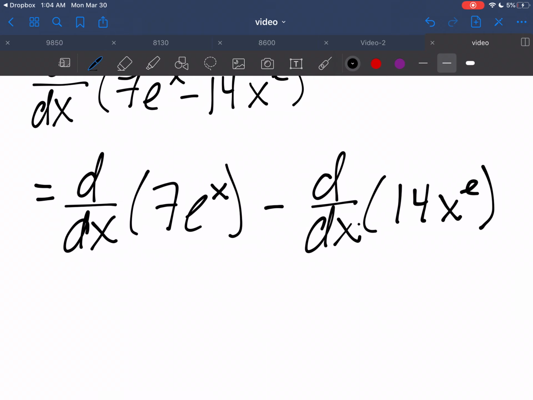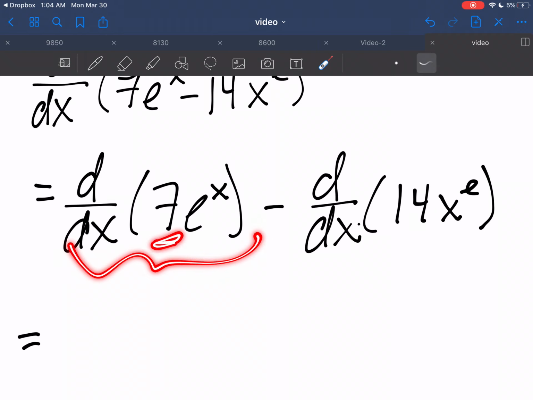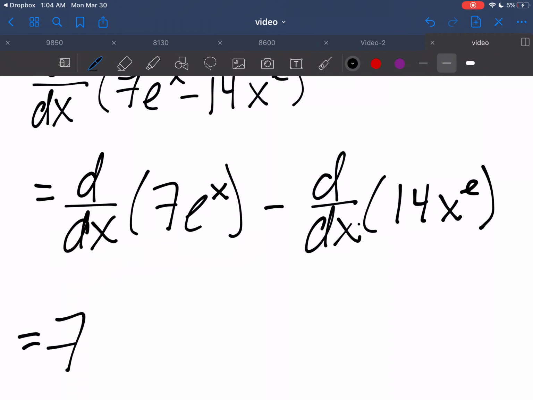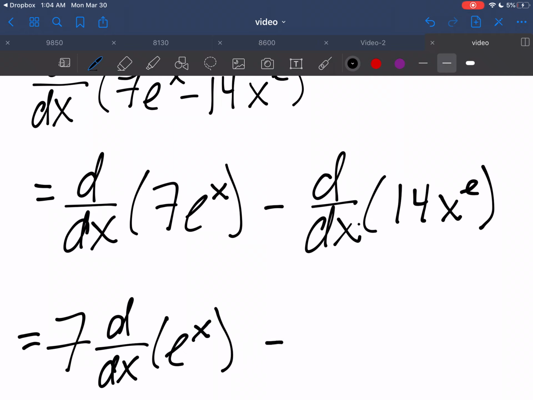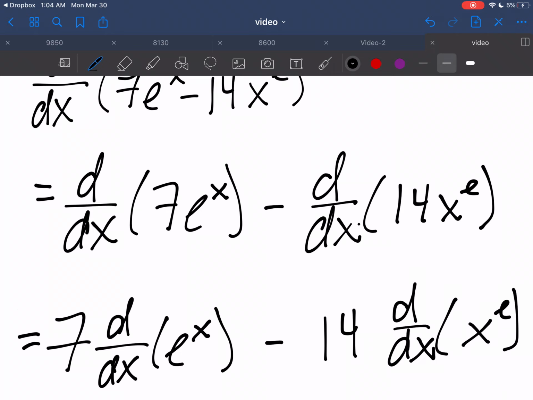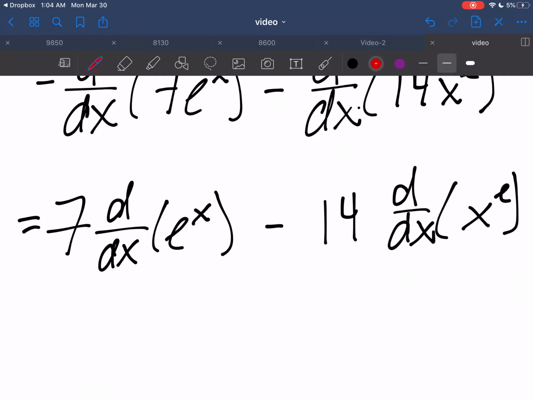Then this first piece is the constant multiplier rule, so we'll bring the 7 out front, so 7 times the derivative of e to the x. And the second one, we'll bring the 14 out in front, so 14 times the derivative of x to the e.